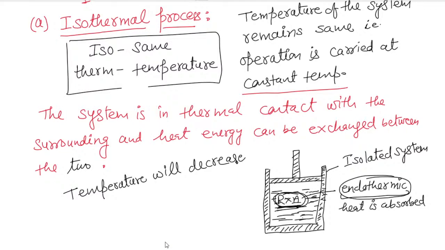Let us think that the heat content of the system is 10 joule. Out of 10 joule, 2 joule will be absorbed because the reaction is taking place with the absorption of heat. When this heat is absorbed, it cannot be absorbed from the surrounding.